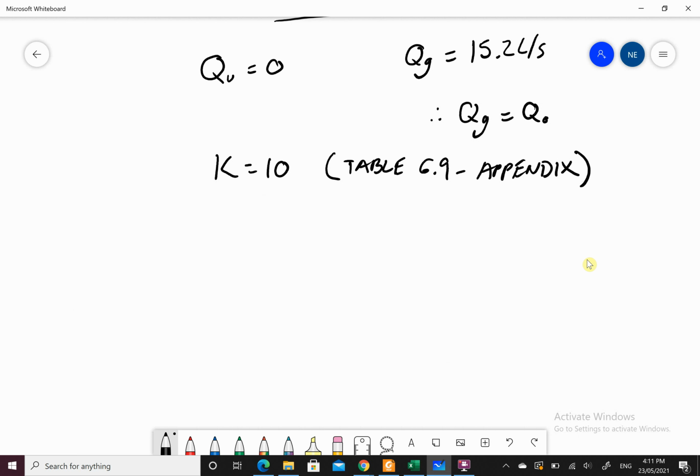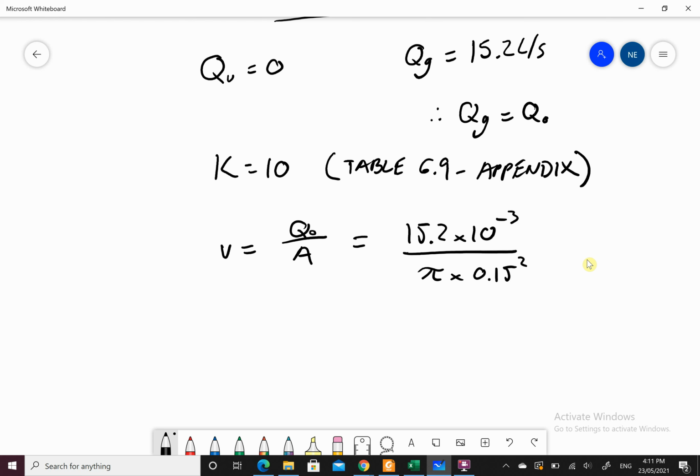How do I work out my shock loss in my pit? HL is equal to KV squared on 2G. So what I need to do is calculate V. V, or velocity, is equal to Q on A. In this case, this is Q out, what's going out of my pipe, which is equal to QG, 15.2. So that equals 15.2 times 10 to the negative 3, divided by pi D squared.